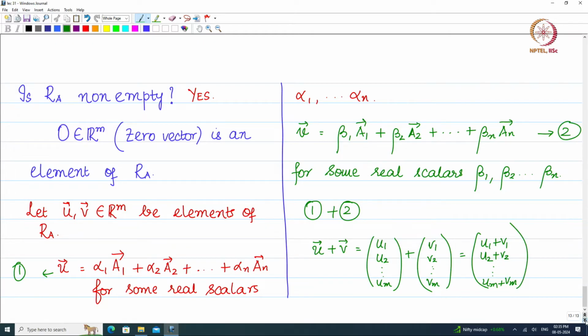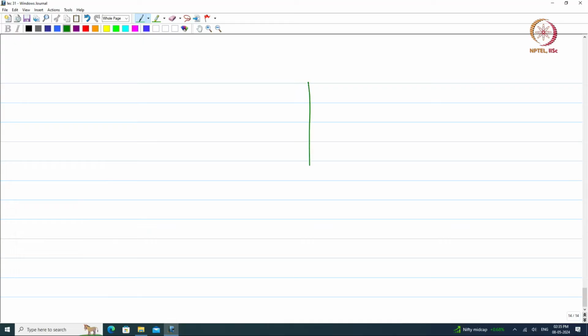This is on the left hand side. Now, if you look at the right hand side, so what do we get? Let us do this.